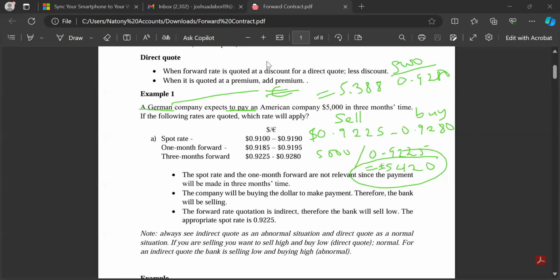For the bank, since the bank is selling, the bank will want to make more money. So the bank will sell at the rate that produces the higher result, which is 5,420. The bank will buy at the lower rate and sell at the higher rate.